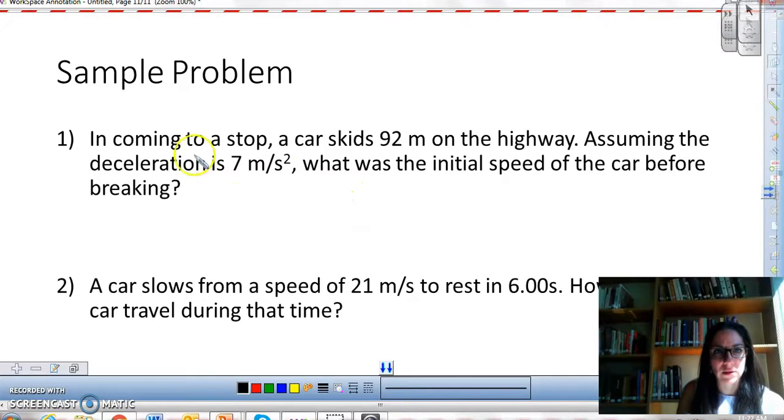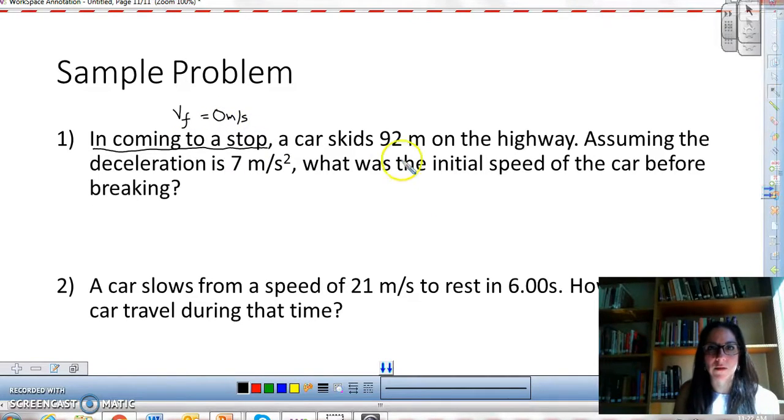Because of the way this is phrased, that's my final velocity, which is 0. The car skids that far on a highway, so it's going to be a displacement. Since it didn't specify a starting point, we can assume it started at 0 and then go with the 92.